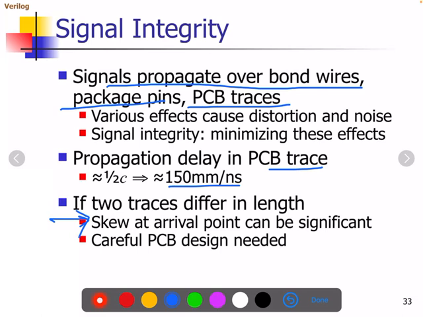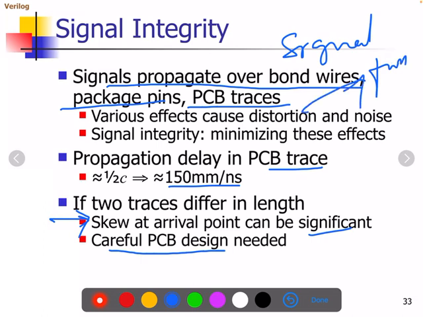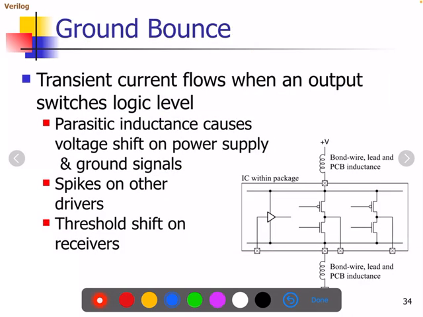If there is a difference at the arrival point and it is significant, then we need to take care in the PCB design itself. So that is what signal integrity is, safeguarding the actual signal from distortion and noise caused while the signal propagates through the bond wires, packaging pins and PCB traces.